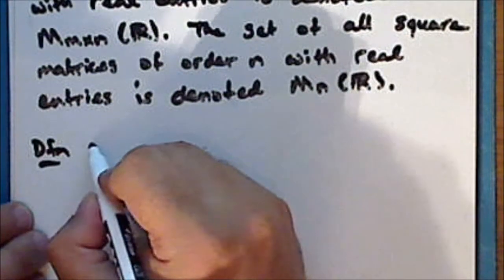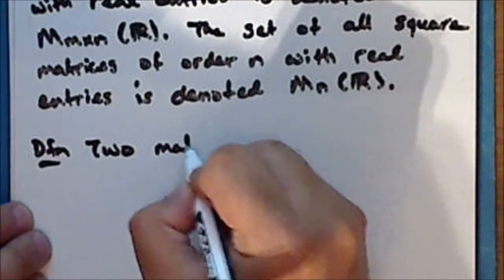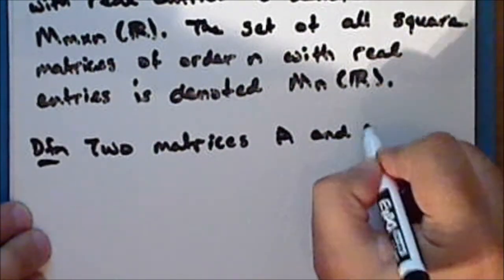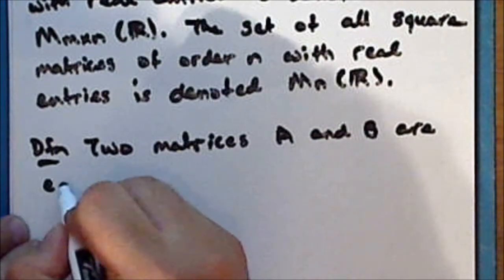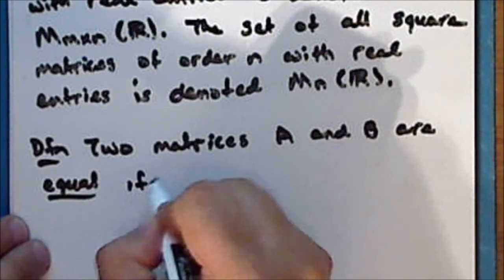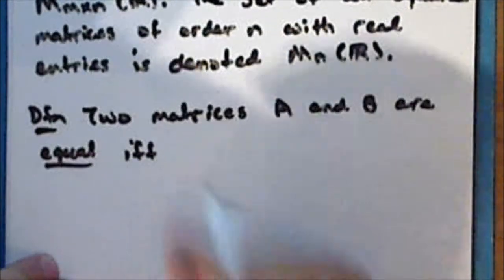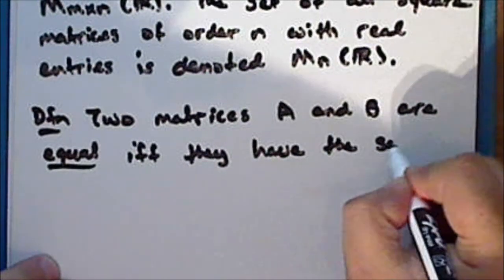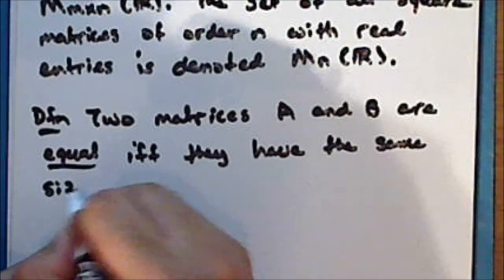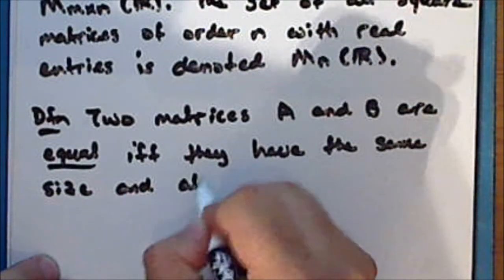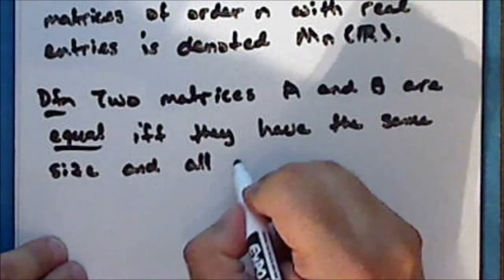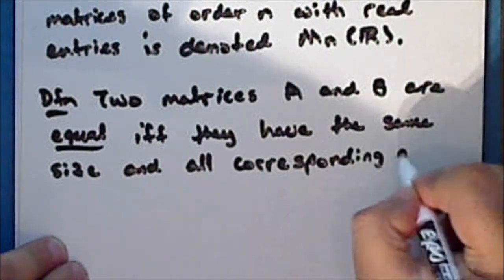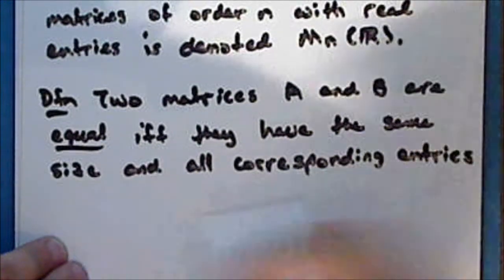So, new definition. Two matrices, A and B, are equal if and only if they have the same size and all corresponding entries are equal.